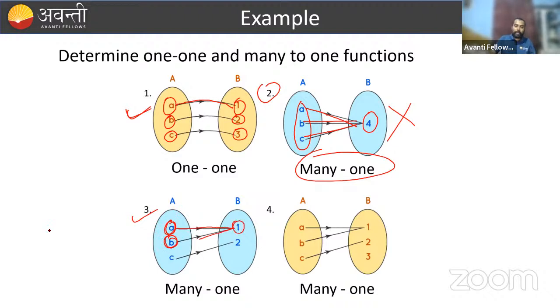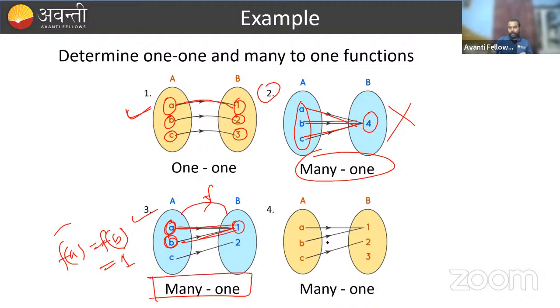If it is a function f mapping from A to B, then f of A is equal to f of B, which violates our definition of a 1-1 function. That's why it is not 1-1, it is many to 1. Here also it is many to 1. Clear? It is a many to 1 function. So this is all about your 1-1 function.